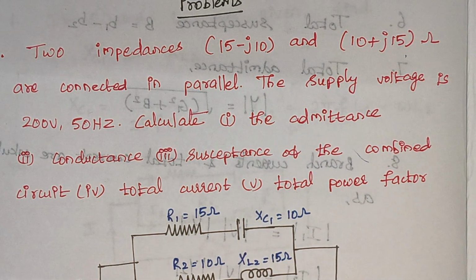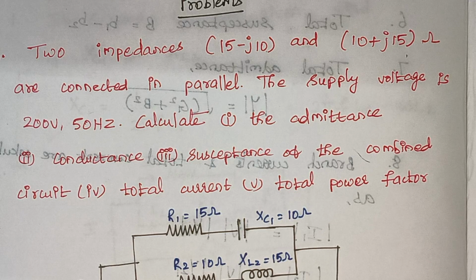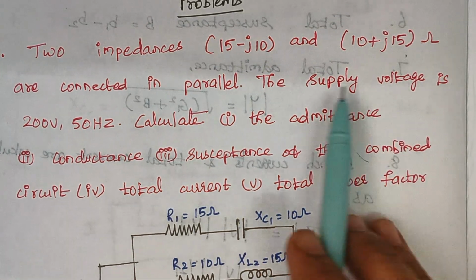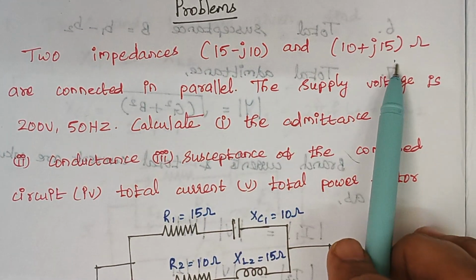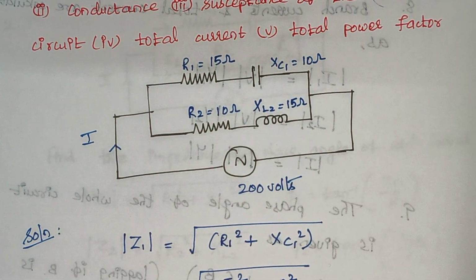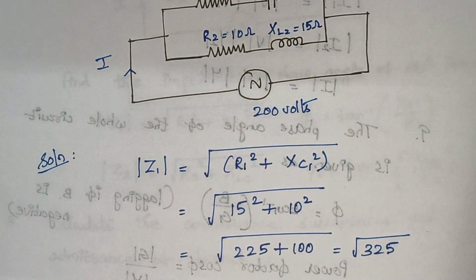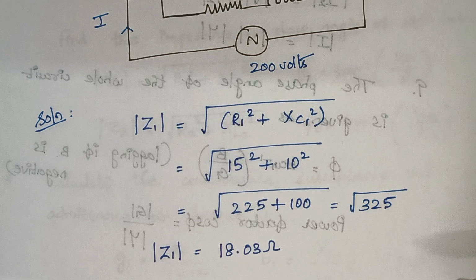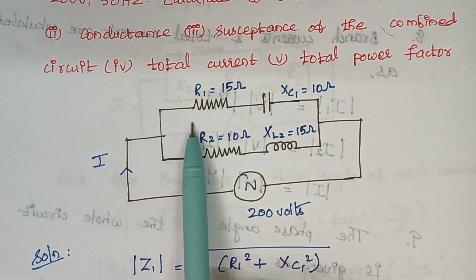Don't simply take it as C and L, because if it is C then the unit is farad, and L means it is in the form of Henry. So since here they are clearly mentioned as ohm, this is your XC value and this is your XL value. So here you see R1 square plus XC1 square. We can just directly substitute the values here, and the value of Z1 is 18.03 ohms. We had calculated the value of impedance of this path.